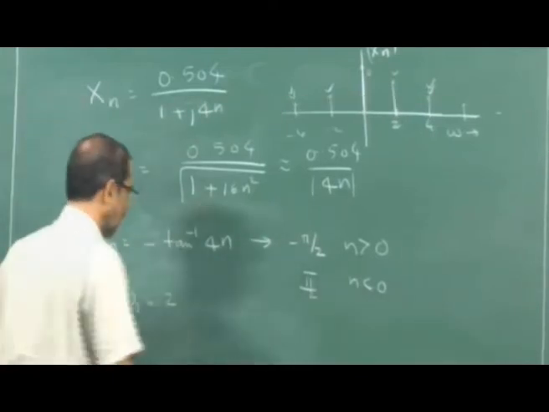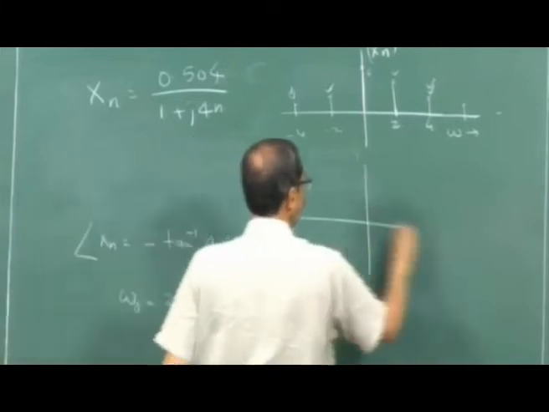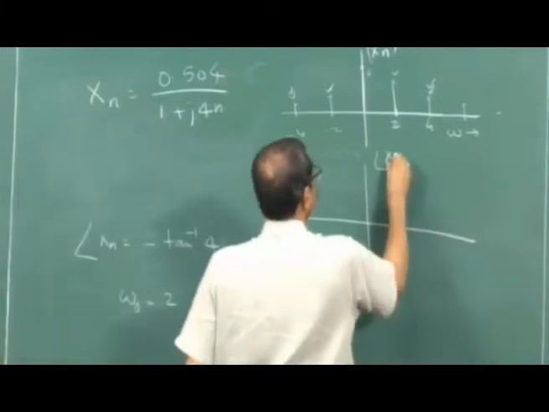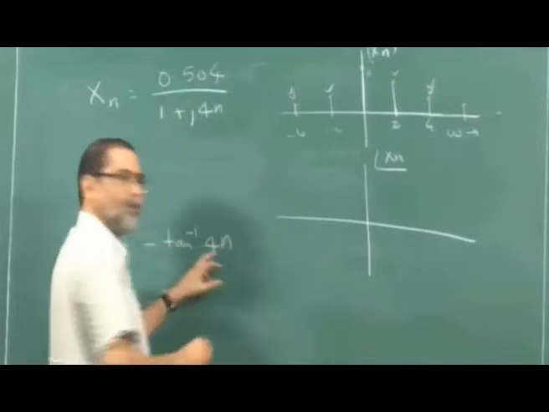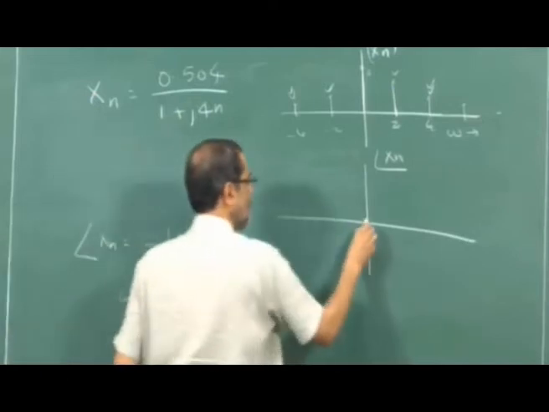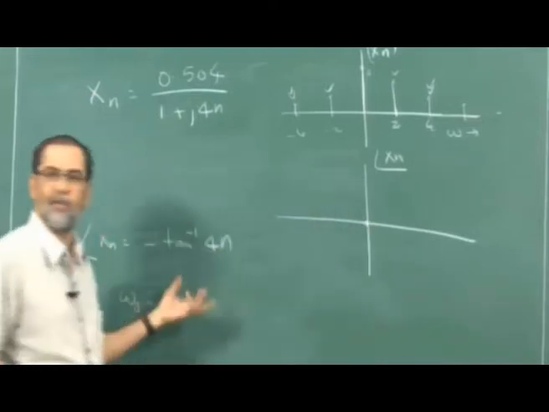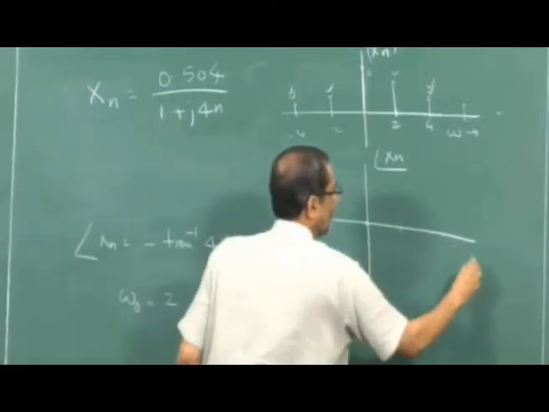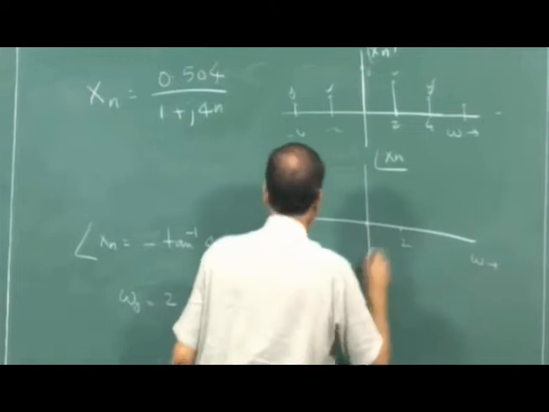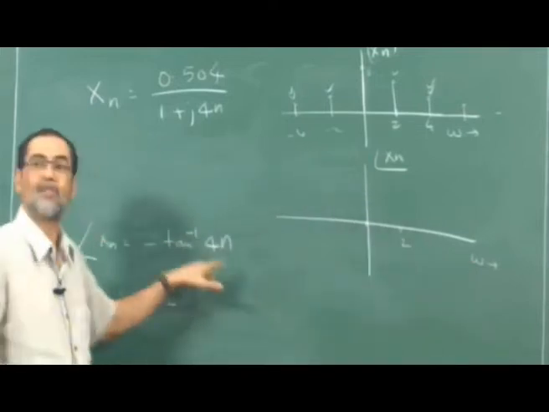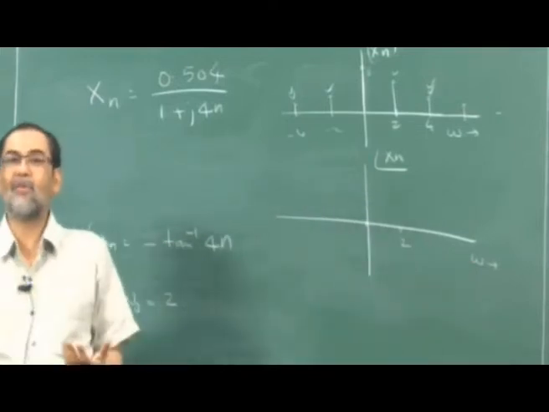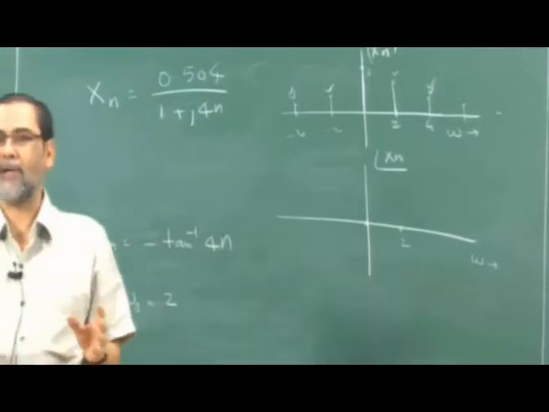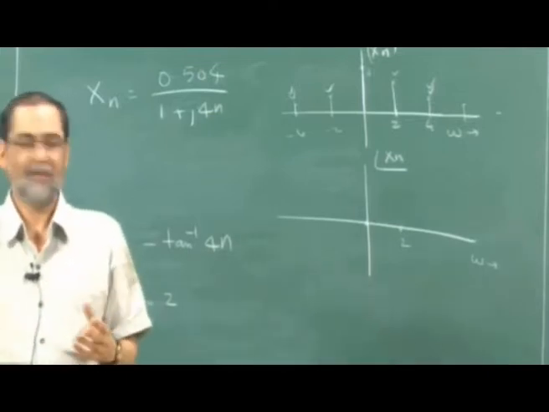You can also sketch, below this, the phase value. At n equal to 0, this value is 0, because tan inverse 0 is 0. N equal to 1, that means omega is 2, tan inverse 4, and tan inverse 4 is nearly pi by 2, a little less.